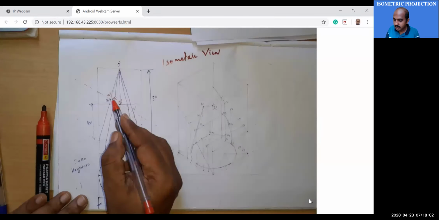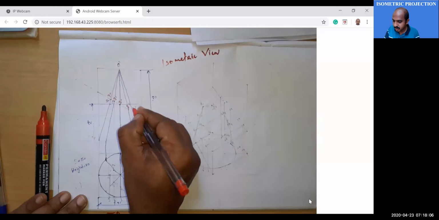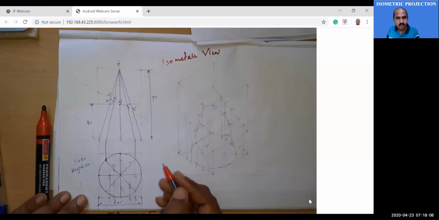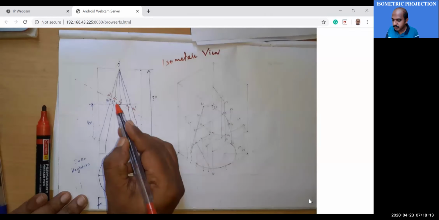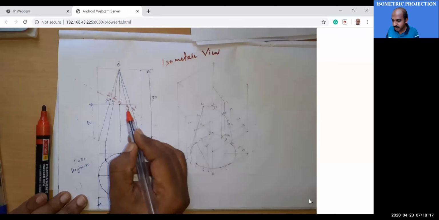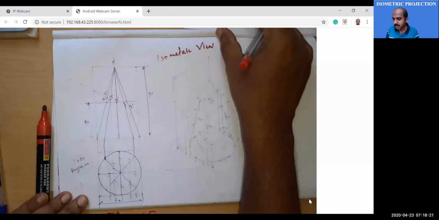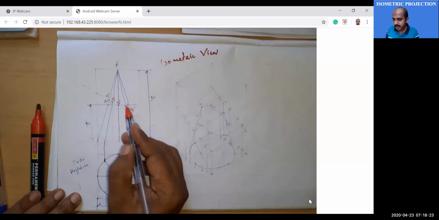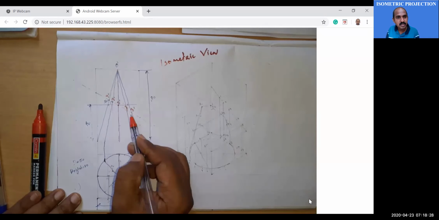So A1 dash, A2 dash, A3 dash, A4 dash, A5 dash. Behind A4 dash there is another point. I am giving the same naming as in the previous problem. Behind A3 dash and behind A2 dash we also have other points. So in total we have 8 points.